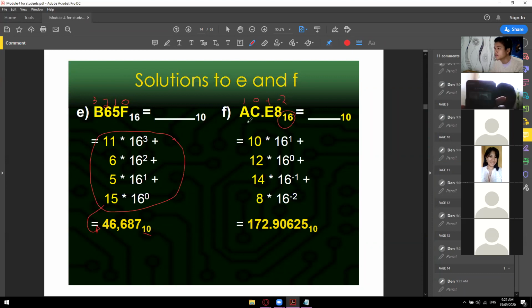Okay? So 10 or A is raised to 1, C is raised to 0, and then E is raised to negative 1, which is 14, and then 8 is raised to negative 2. And then get the result of this one, and then you will get this one, 172 point something. And then again, do not forget to put the base, which is base 10. This is an indicator that you have already converted the hexadecimal into decimal. Alright, let me skip.